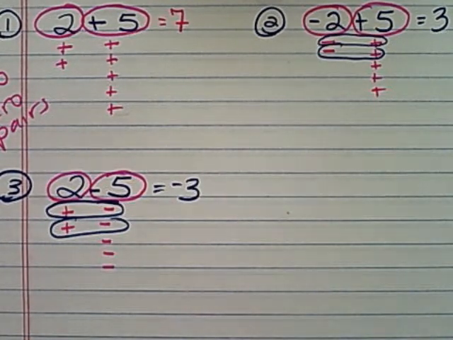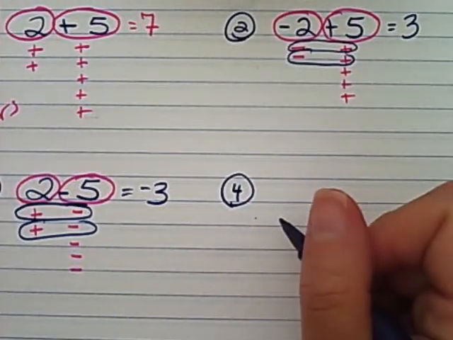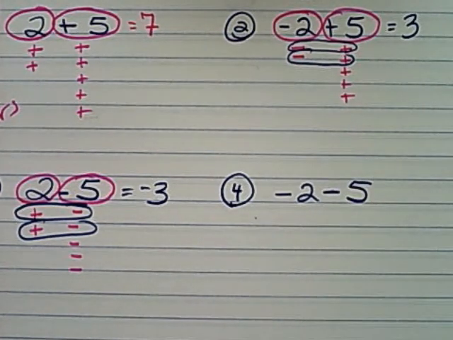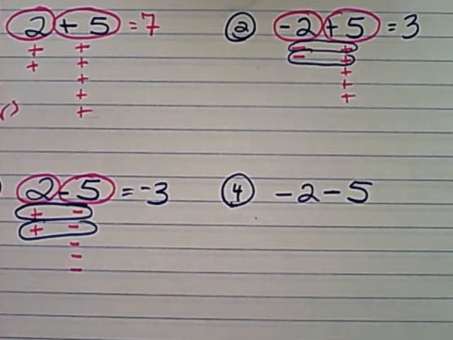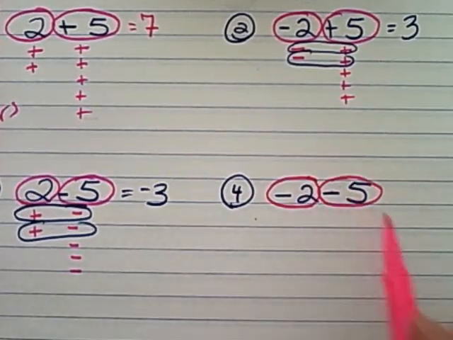All right, last one that's a review from yesterday and the day before, problem number 4, negative 2 minus 5. Again, this is one of those problems that people aren't sure what to do. Negative 2 minus 5, am I adding, am I subtracting? You are just combining 2 integers, so you have a negative 2 and a negative 5.